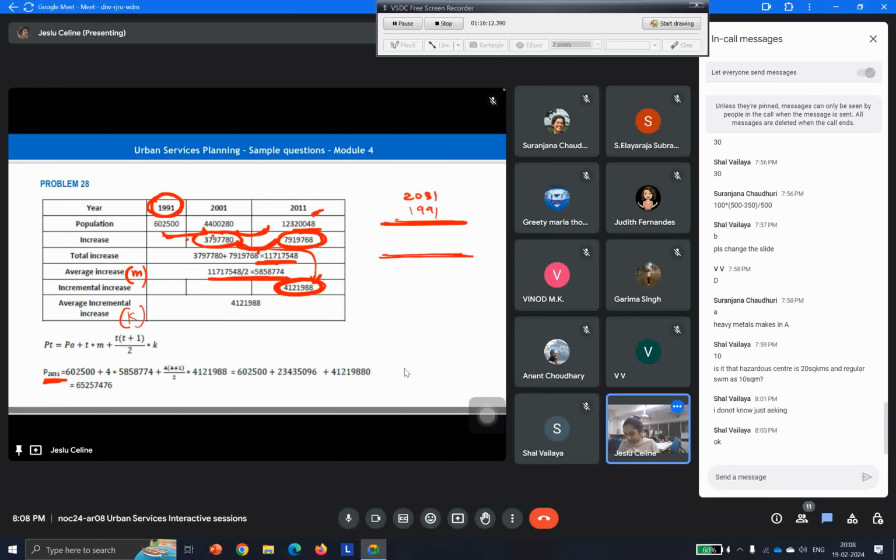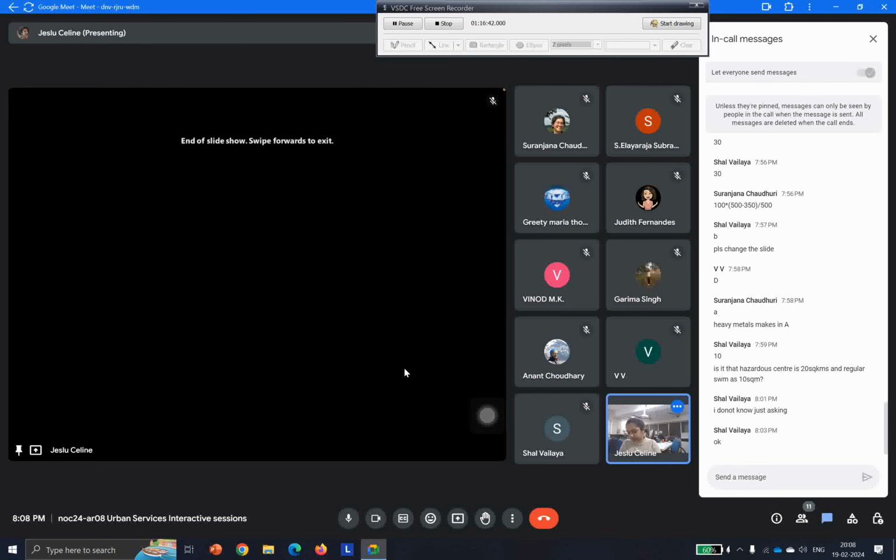I see a problem in this question. Yeah, no, K is correctly taken. It's sorted. Because it's 1991 and 2031 that is asked, our T is the number of years in decades.